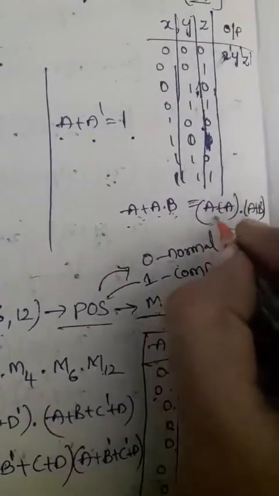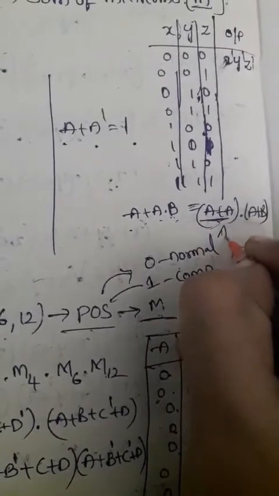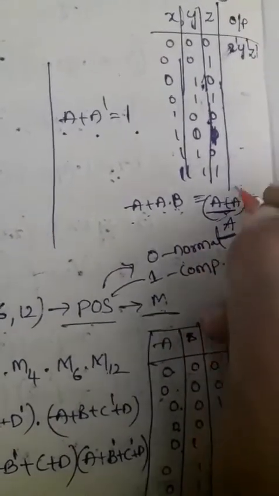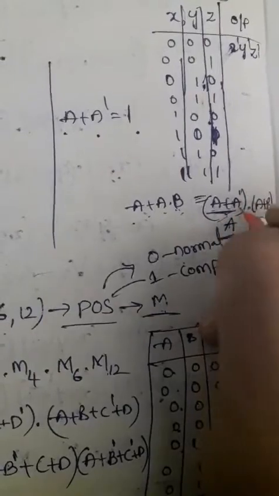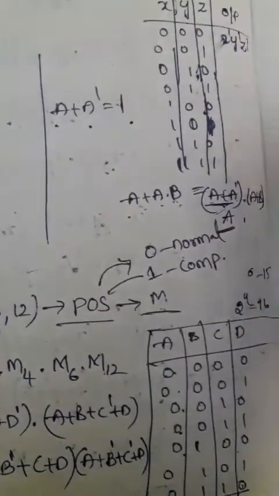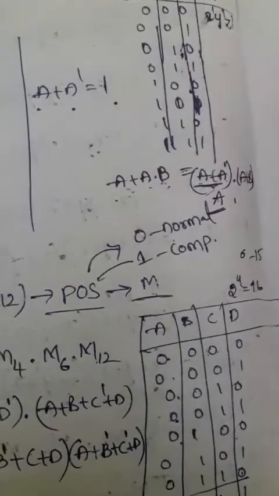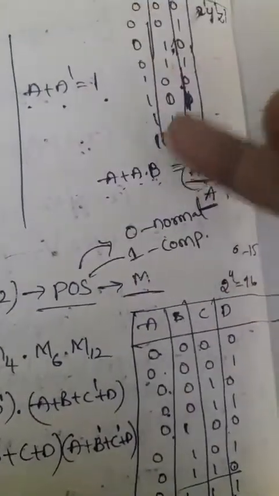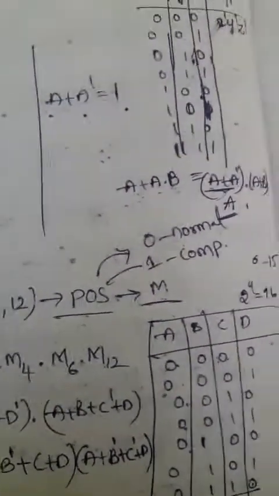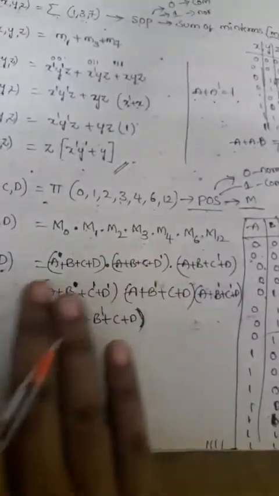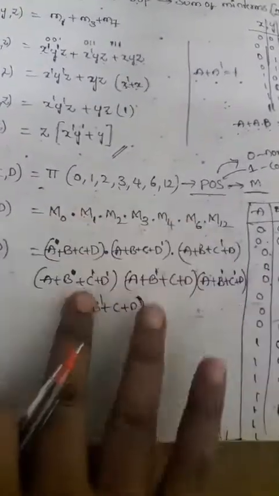So directly a plus a is a, or any complement will be equal to 1. That means automatically one variable is reduced. That's why I can use the distributive law here. Mostly in product of sum expressions we use the distributive law, because all terms are already in product form.